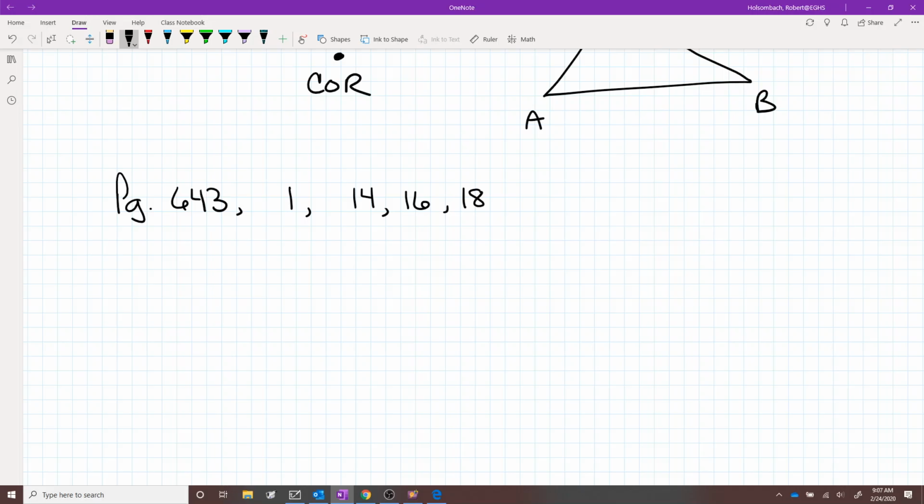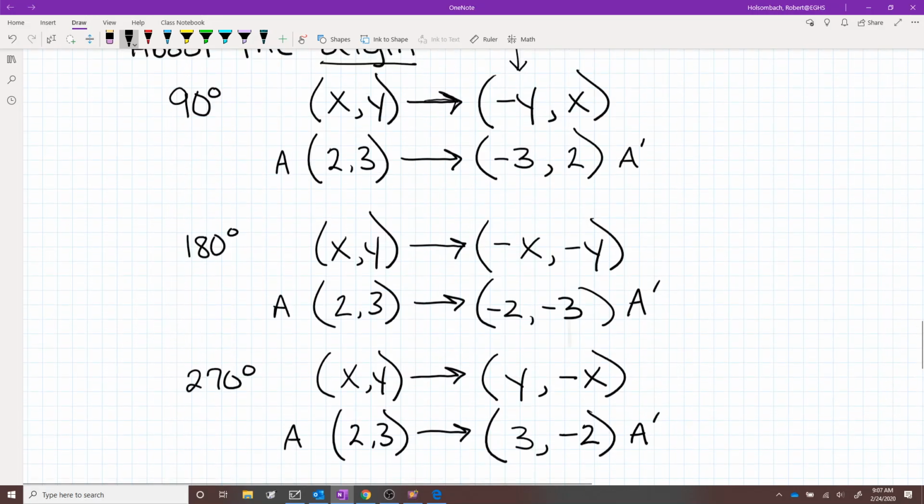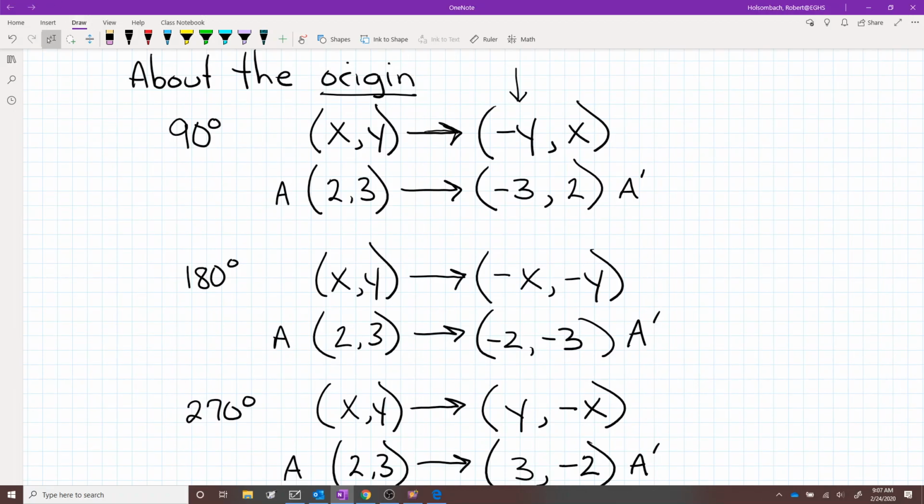Don't graph it first. Or you can graph it first if you have graph paper. Okay? The most important thing is that you list the vertices after the rotation. Number 14 is a 90-degree rotation, so you're going to use this rule right here. Number 16 is a 180 rotation, so you're going to use this rule.